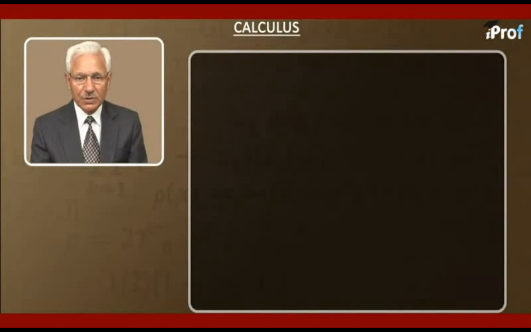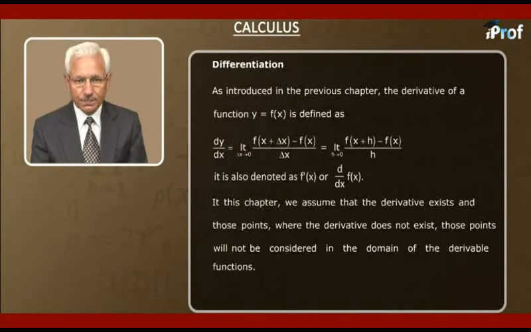Now we talk about general differentiation. As introduced in the previous chapter, the derivative of a function y equal to f(x) is defined as dy by dx is equal to limit delta x tends to 0 of f(x plus delta x) minus f(x) upon delta x, or limit h tends to 0 of f(x plus h) minus f(x) upon h, whether delta x is positive or negative, must be unique.